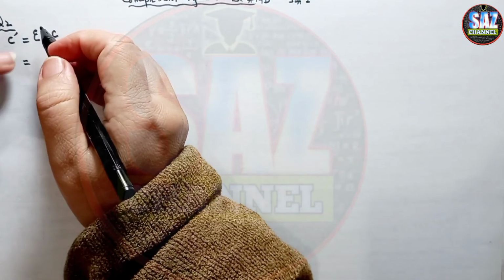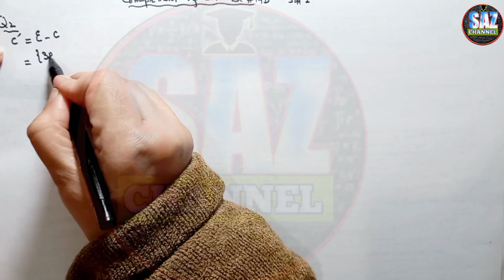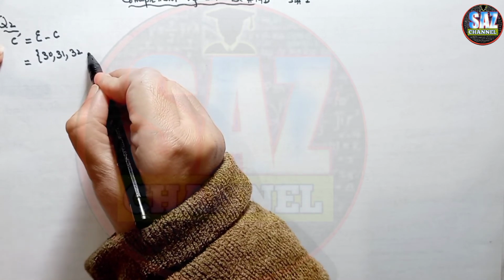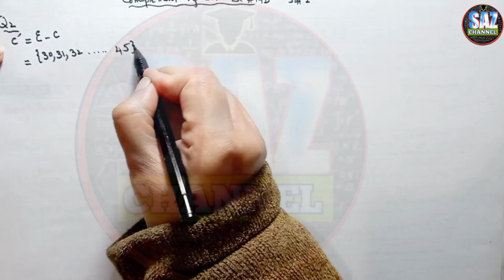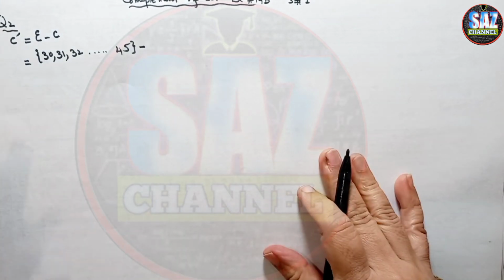Universal is containing the elements 30, 31, 32, so on till 45, minus C, and C is having the elements non-prime numbers.